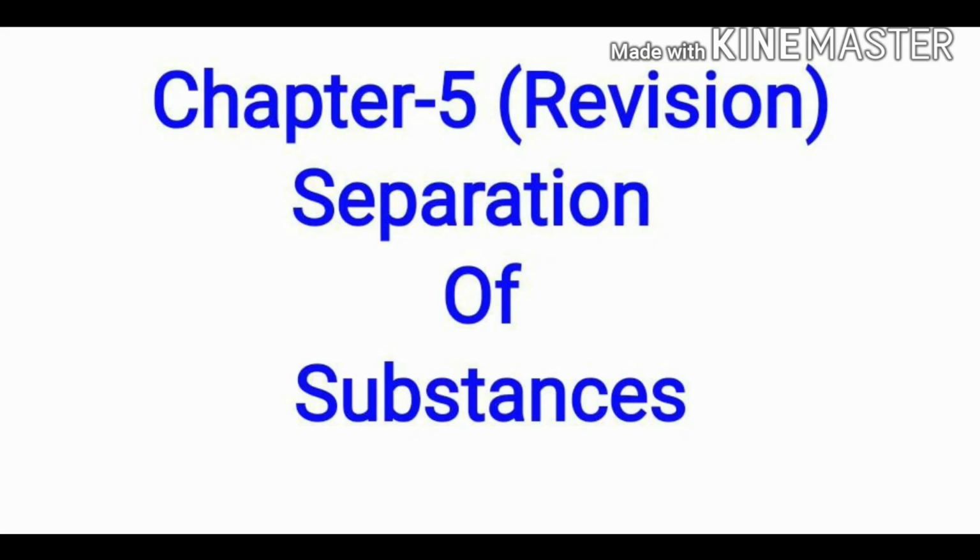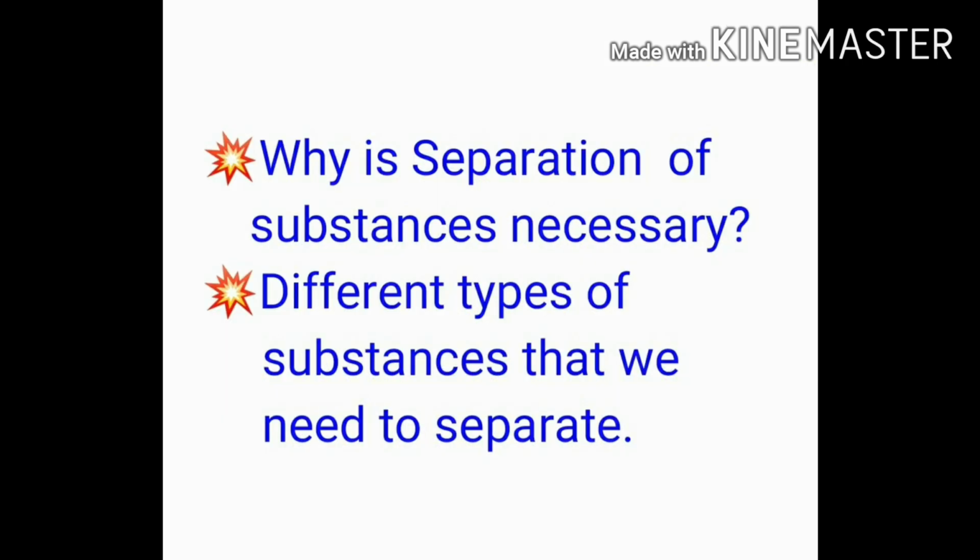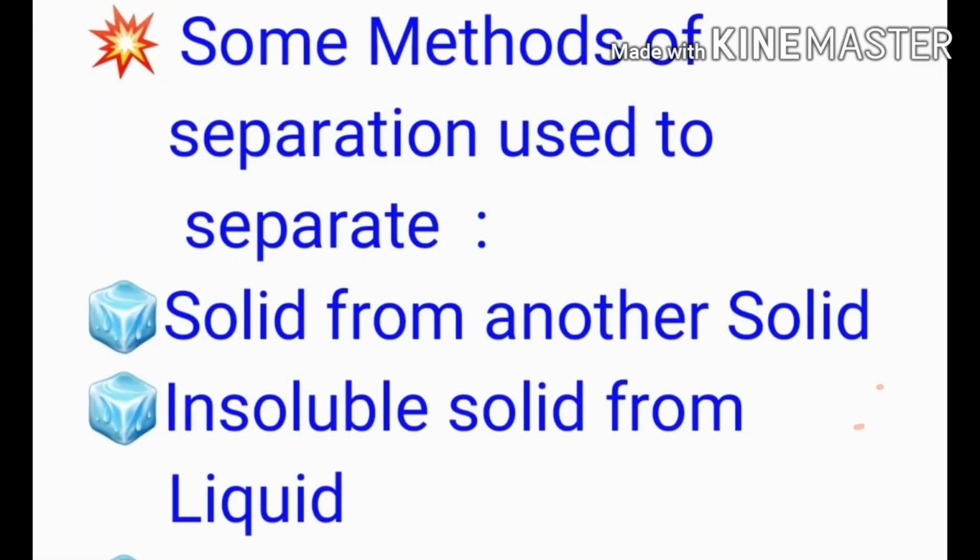So children, let's start today's chapter number 5, separation of substances. Today we are going to revise some topics from chapter number 5, and we will also understand why separation of substances is necessary and what are the different types of substances that we need to separate.